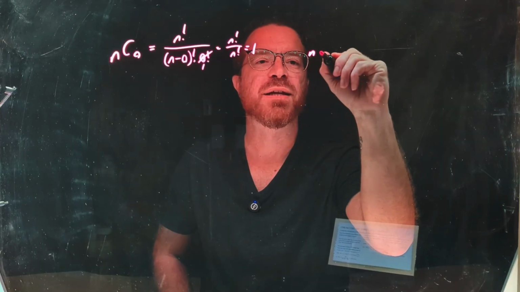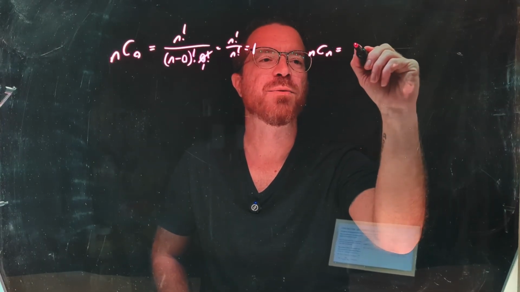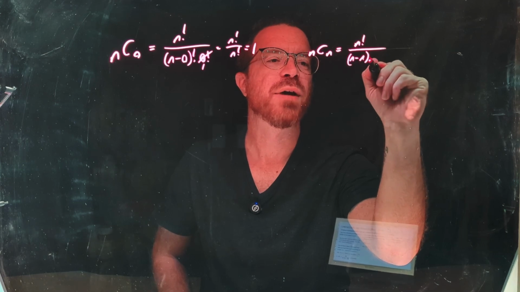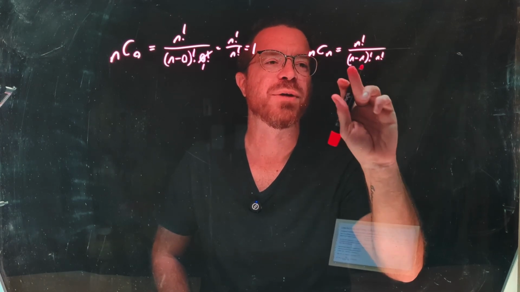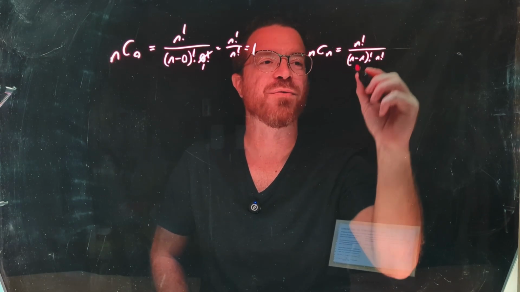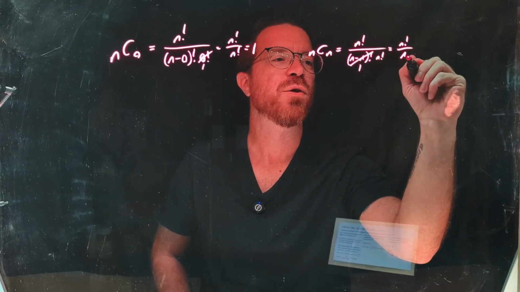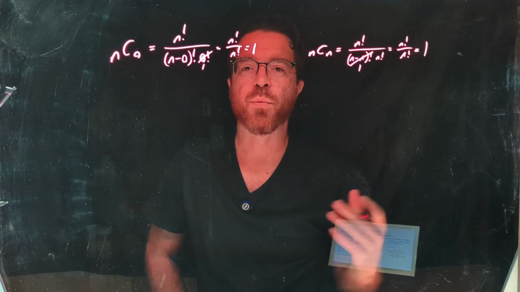If I did n choose n, this would be n factorial over n minus n factorial, n factorial. N minus n will give me 0. 0 factorial gives me 1. We're left with n factorial over n factorial equals 1.